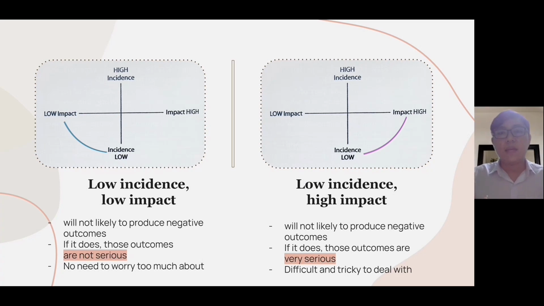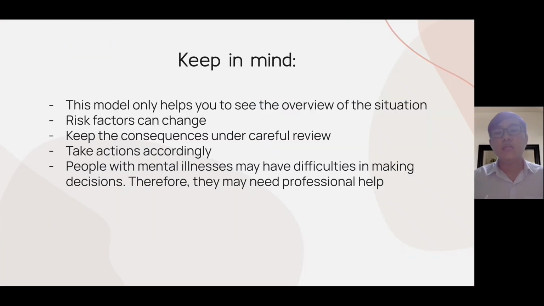That is all. What you should keep in mind is that this model only helps you to see the overview of the situation. But danger risk factors can always change, and they can also change quickly. Because of that, you should always notice the differences or new things that occur, and also keep the consequences under your control and careful review so that we can take action accordingly if we need to.